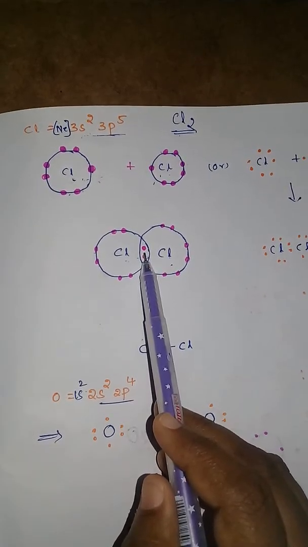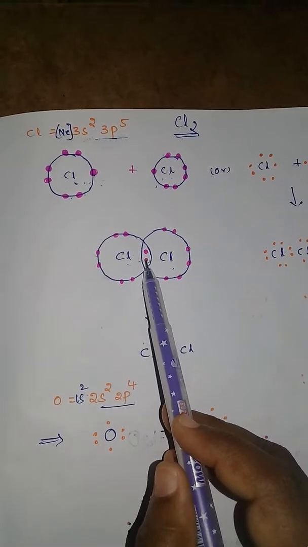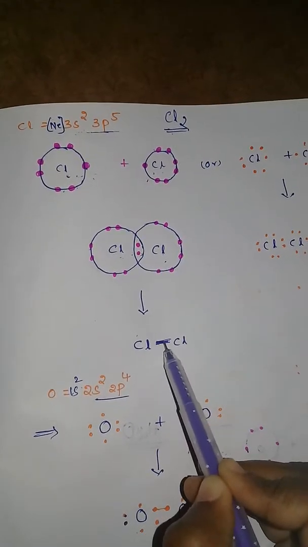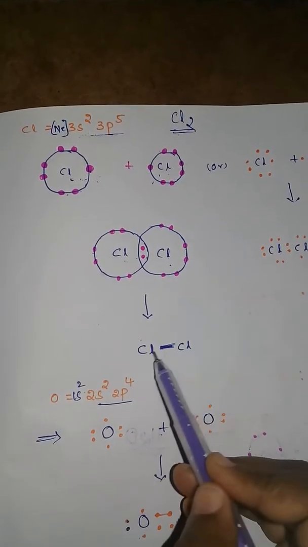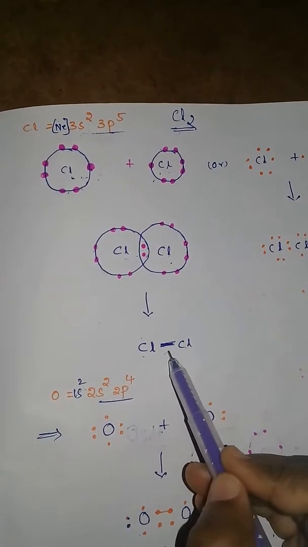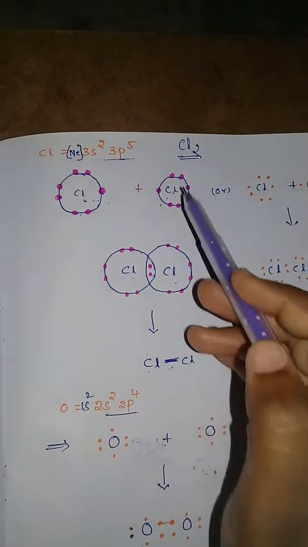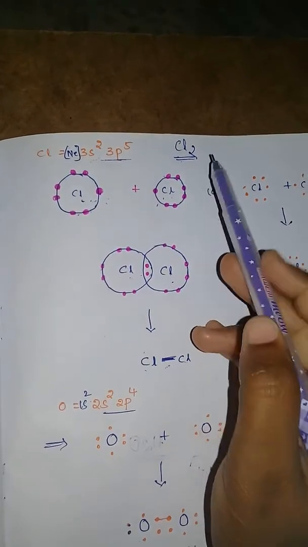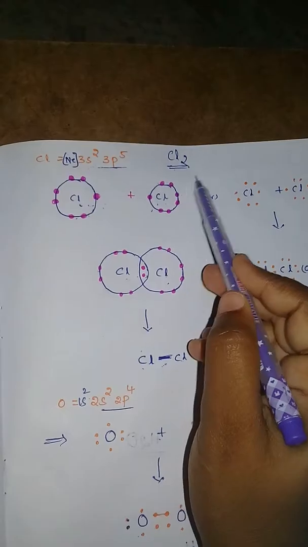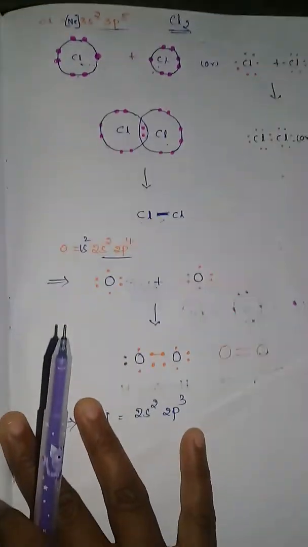These two shared electrons represent a single bond. Single bond means two electrons are shared between two atoms. This is the covalent bond formed by sharing of electrons in the Cl2 molecule.